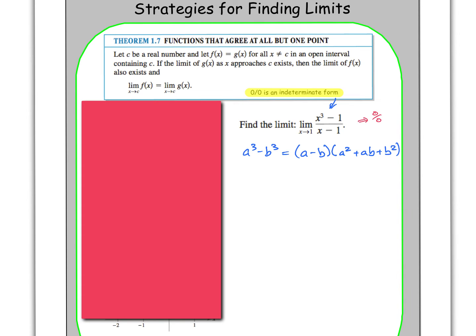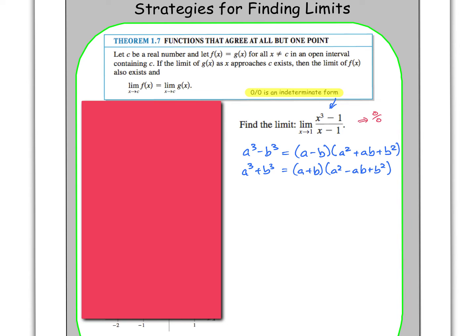And then I'm going to go ahead and write the other one just in case. If we have a cubed plus b cubed, that would end up being a plus b, and then a squared minus ab plus b squared. So that's what we're going to have to use at the beginning of the year.